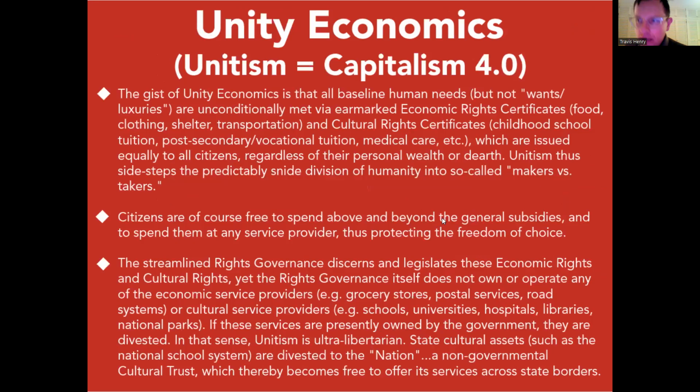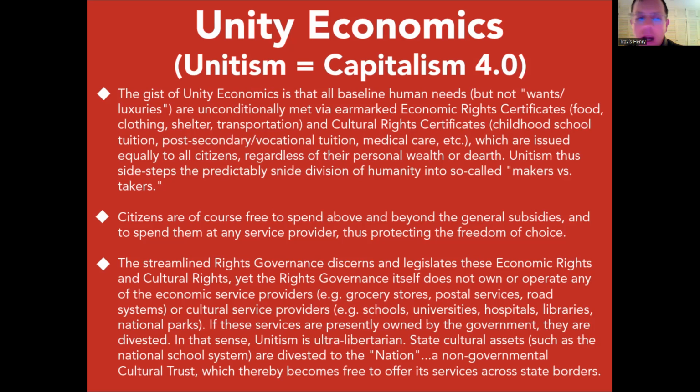Next slide. This is about unitism. It's capitalism 4.0. It's unity economics. It's not socialist economics, and it's not capitalist economics. It's beyond capitalism because, like I said, the gist of unity economics is that all baseline human needs, but not wants or luxuries, are unconditionally met via earmarked economic rights certificates or vouchers: food, clothing, shelter, transportation, and cultural rights certificates or vouchers: childhood school tuition, secondary vocational tuition, medical care.